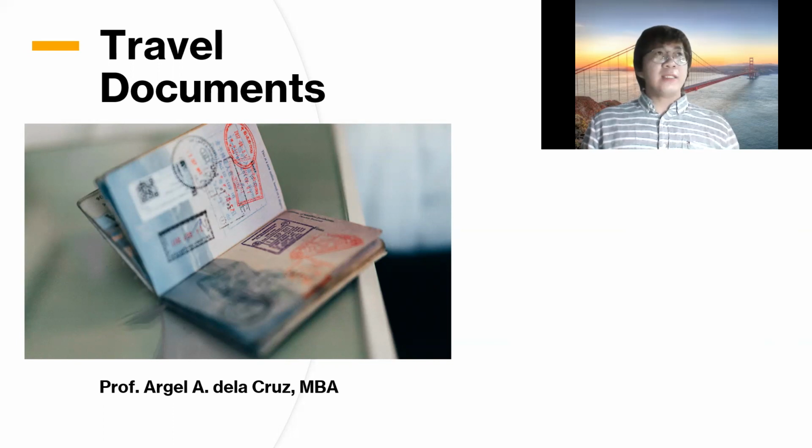Next is a visa. A visa is the document that we emboss or stamp on the passport. The purpose of the visa is to make sure that the passenger is qualified, safe, and admissible for entry into our territories.